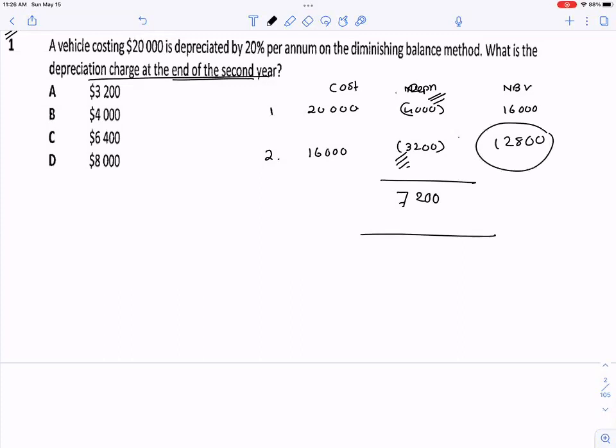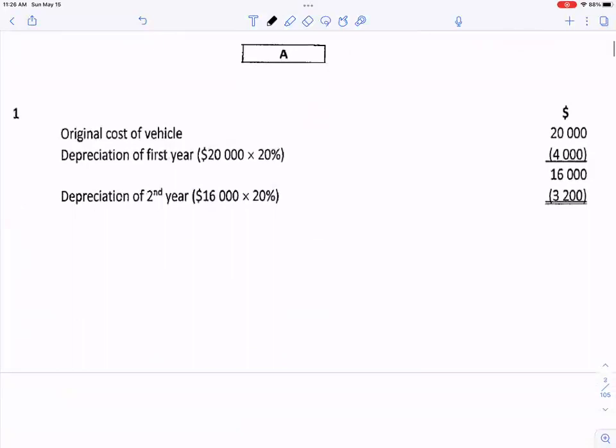Then this will be the amount. Charge of depreciation at the end of the second year, then this is the amount. The net book value at the beginning of the second year is 16,000. So be very careful about what question they are asking you. Okay?